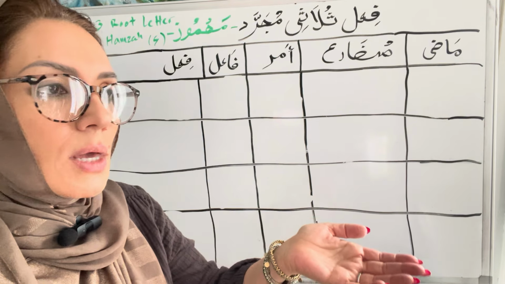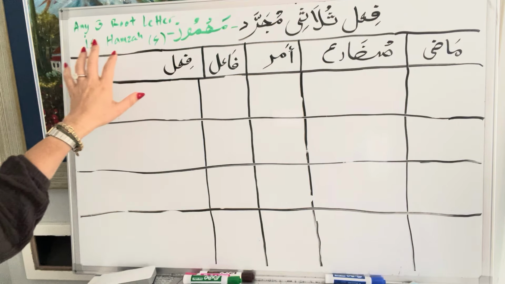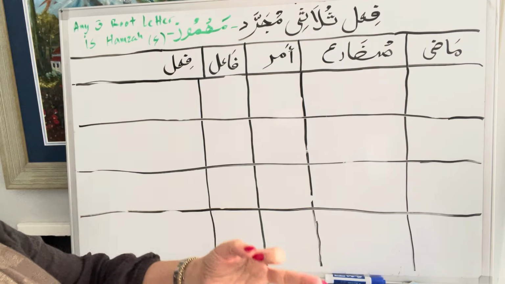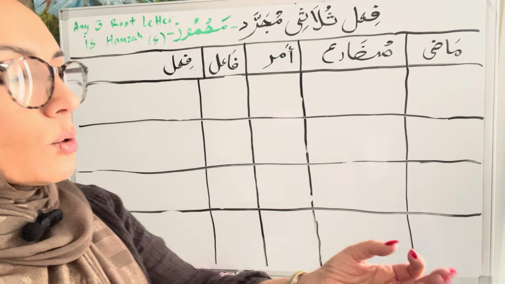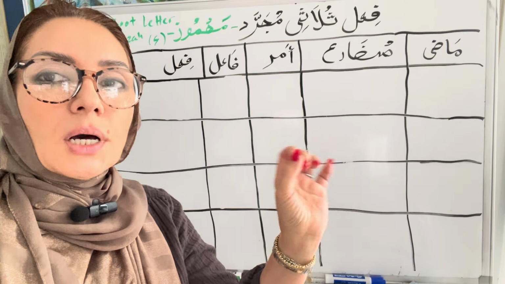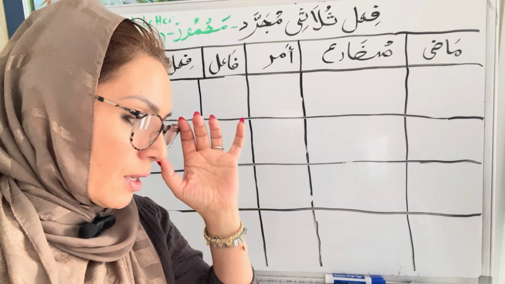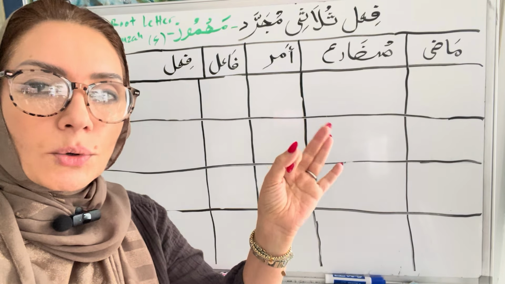What does that mean? Mahmuz means any one of those three root letters could be hamza. It could be the first one, the middle one, or the third one.